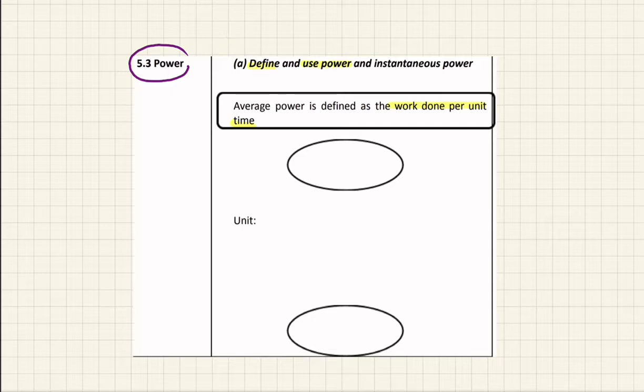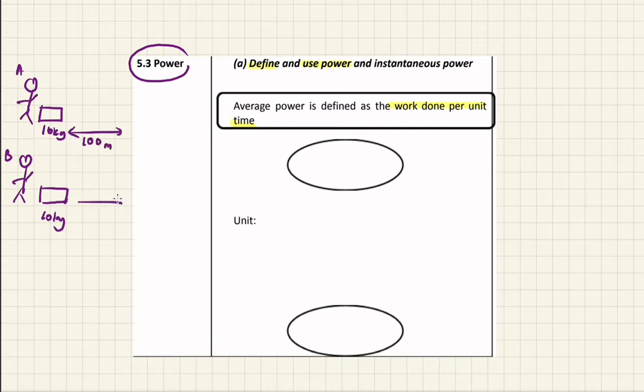For example, we have person A and person B. They have to move the same box, which is 10 kg, over a constant distance of 100 meters.